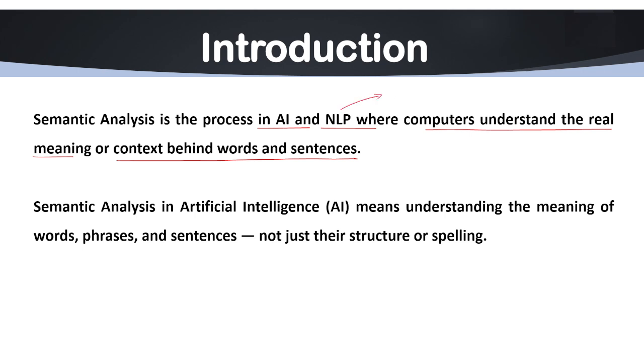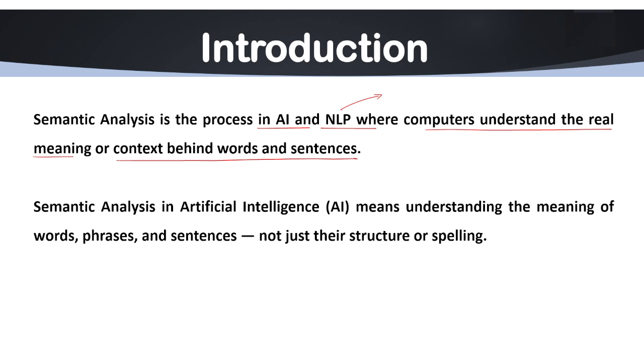In previous sessions under NLP, we have discussed that NLP understands context-free grammars. It understands the structure of the sentence, right? But if we talk about semantic analysis, it always understands the meaning of the word, meaning of the phrases or sentences. It helps machines understand what humans really mean, even if the same word or sentence can have different meanings.